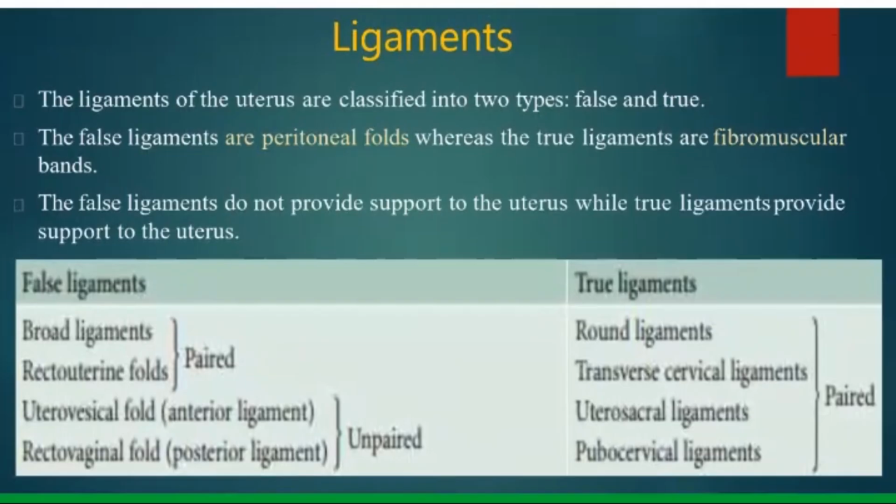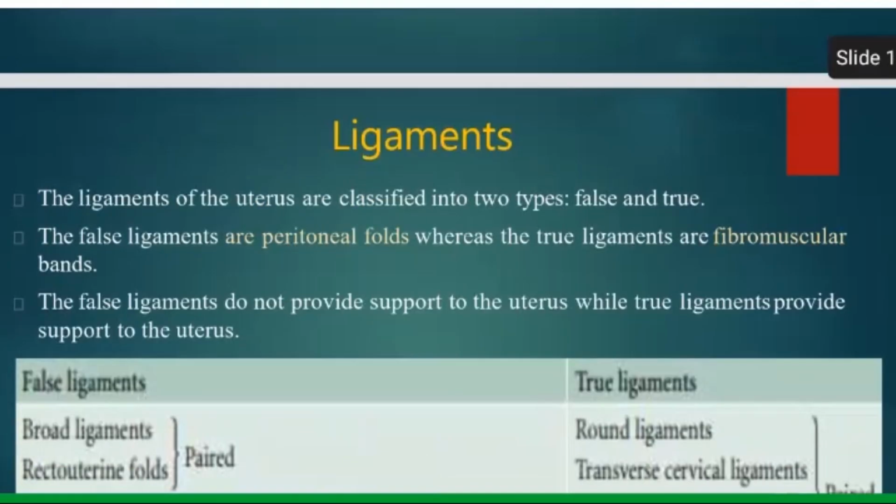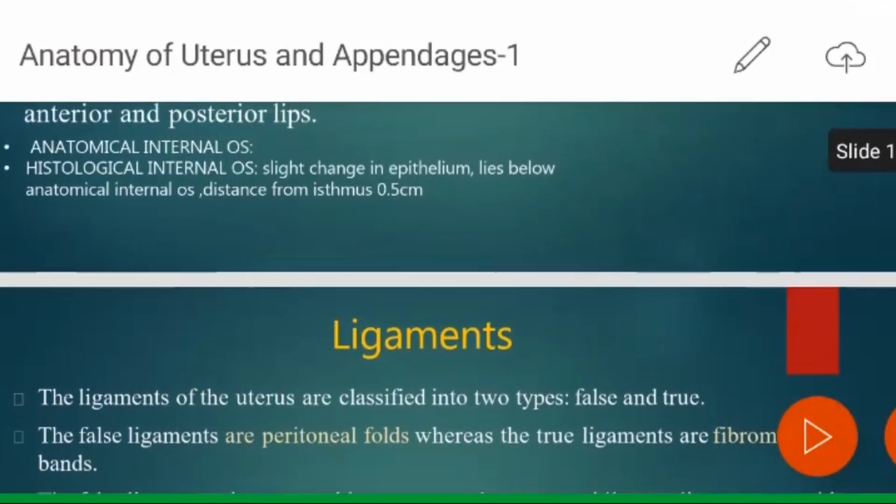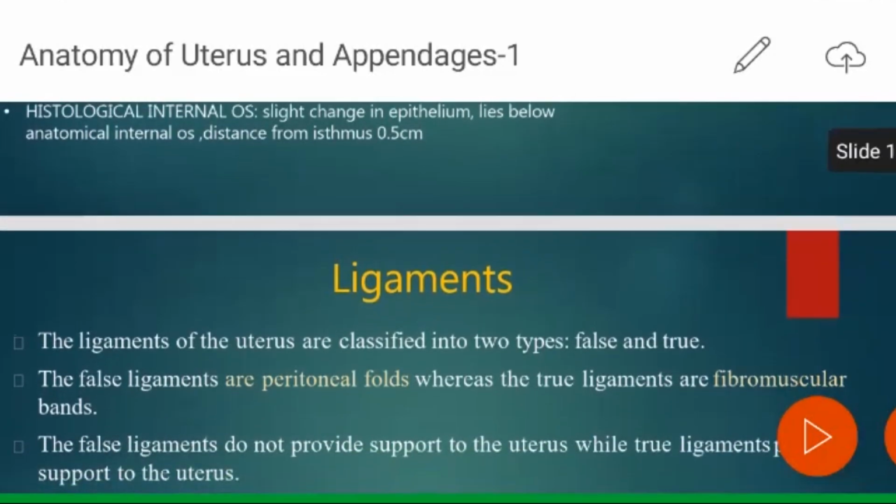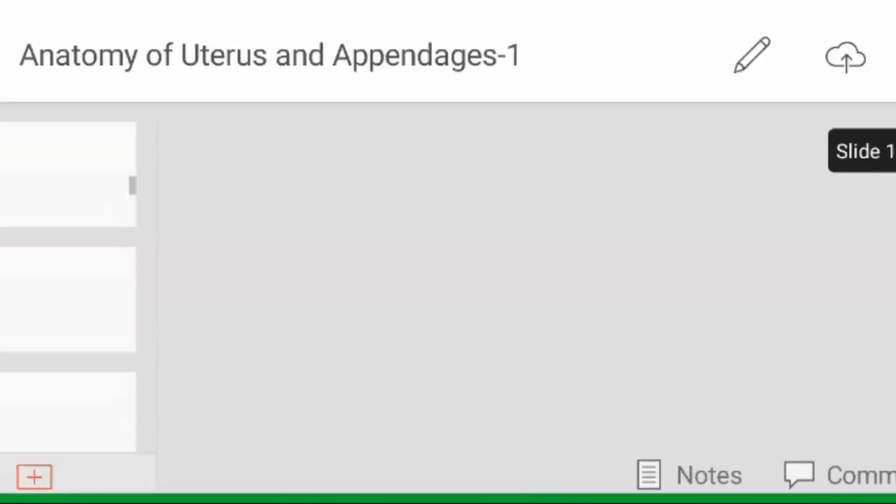The false ligaments are peritoneal folds. We just discussed the broad ligament. The broad ligament is a double-fold peritoneal structure extended towards the uterus. So will you classify the broad ligament as a true ligament or a false ligament? Here it is written that false ligaments are peritoneal folds, whereas true ligaments are fibromuscular bands.